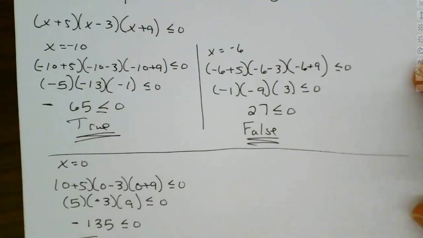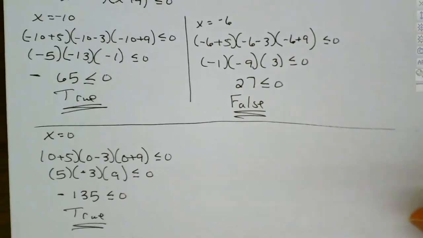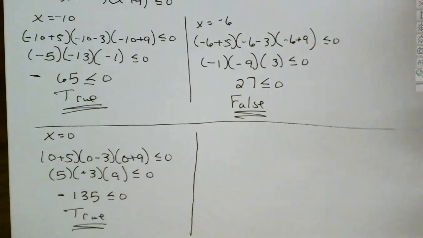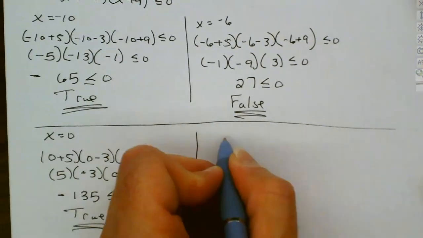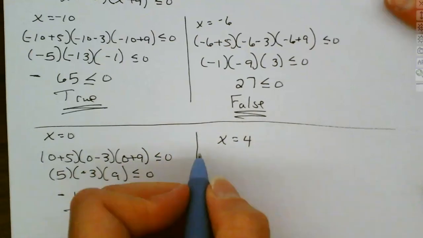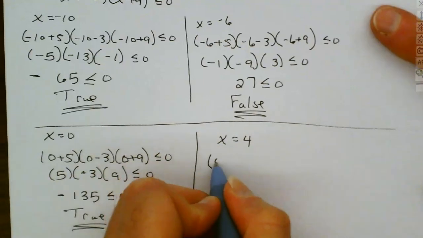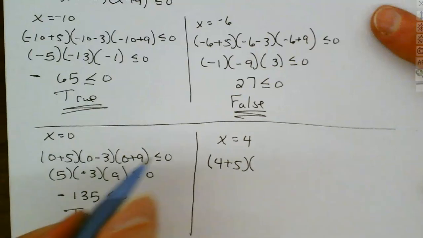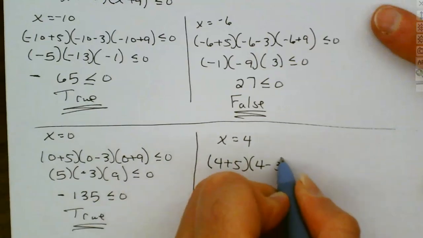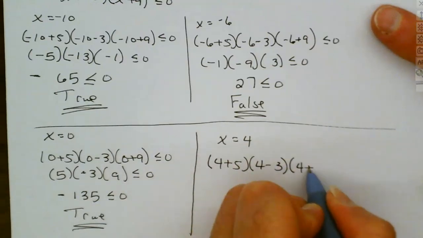And the last one should be false, but we're going to check. Always check. Don't ever just assume that it's false. Usually they will switch signs, but not always. So check the 4. And that's going to be 4 plus 5, 4 minus 3, and 4 plus 9.